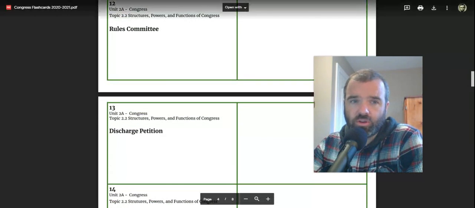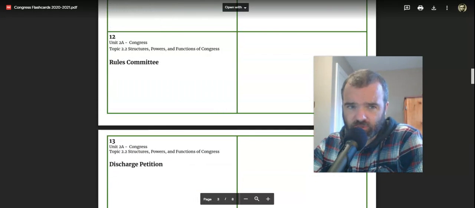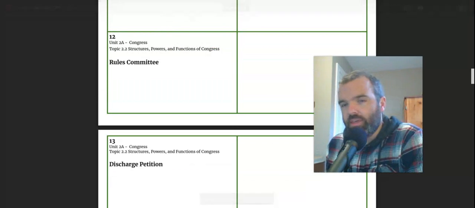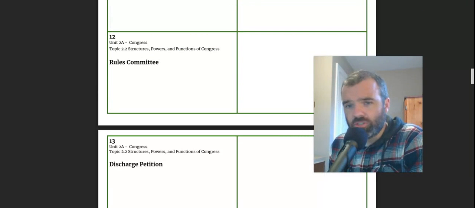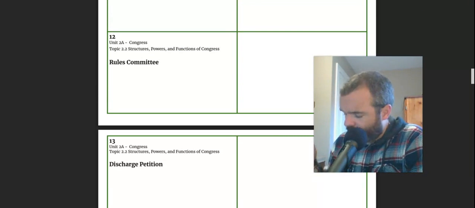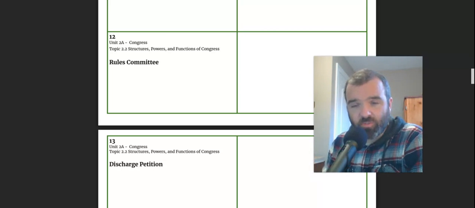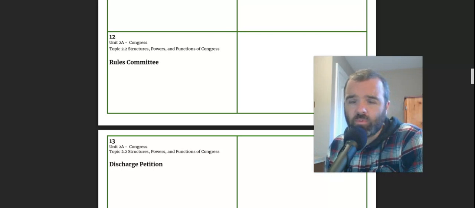It's also worth noting that in the House of Representatives, you have what's called a Rules Committee. And you don't have that in the Senate. The Rules Committee in the House is very, very powerful and very important because it can define how a bill is going to be drafted, whether amendments can be added to a bill, and how long the bill will be debated.